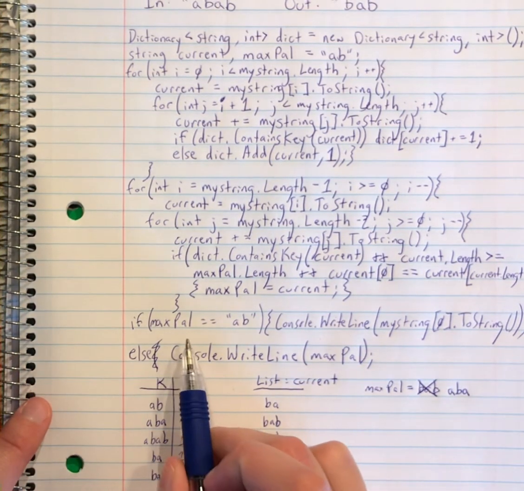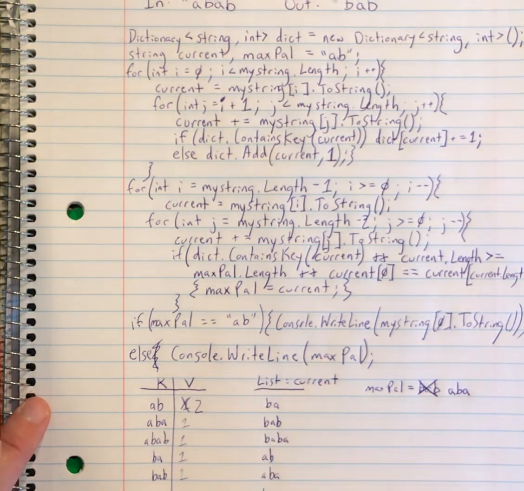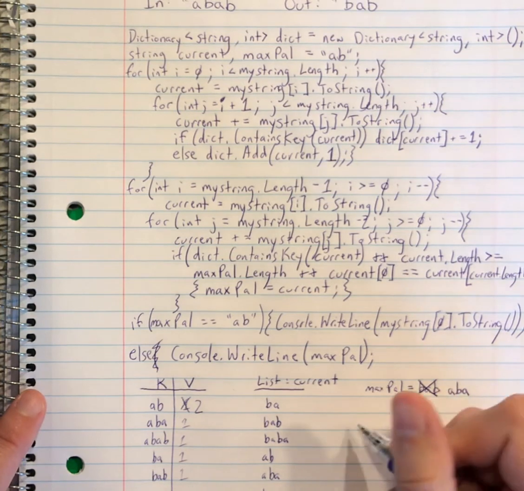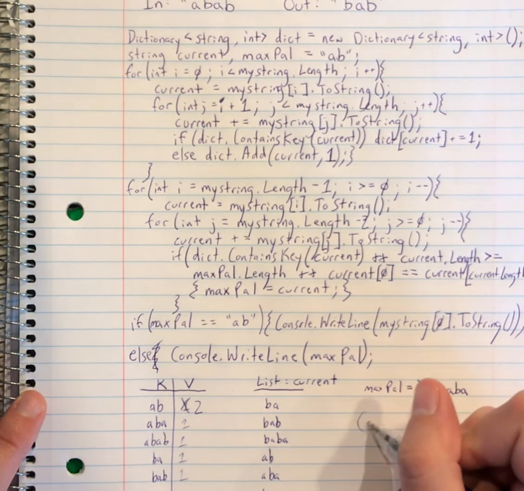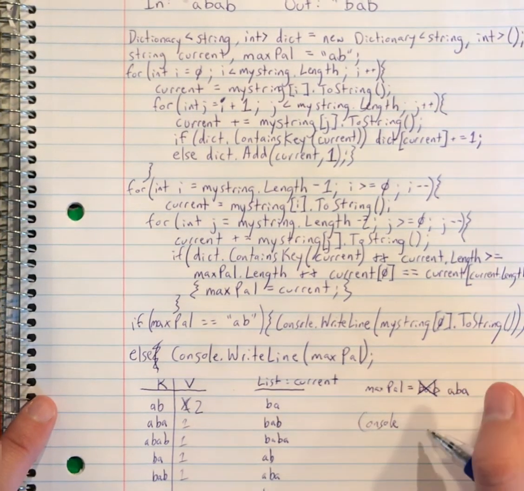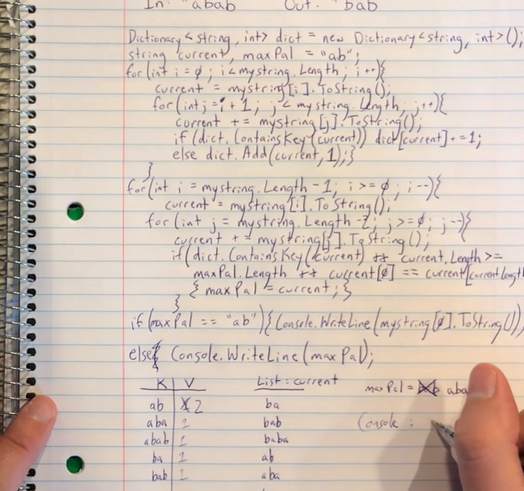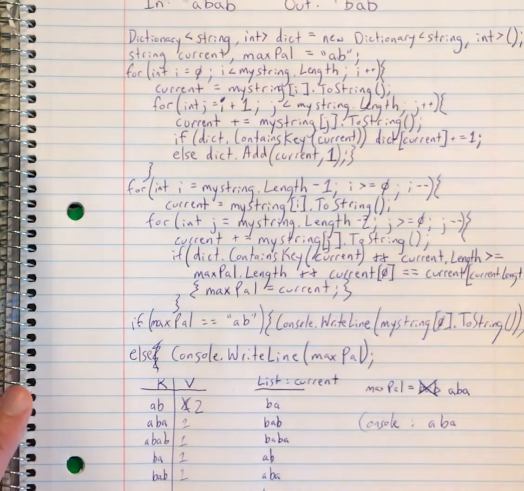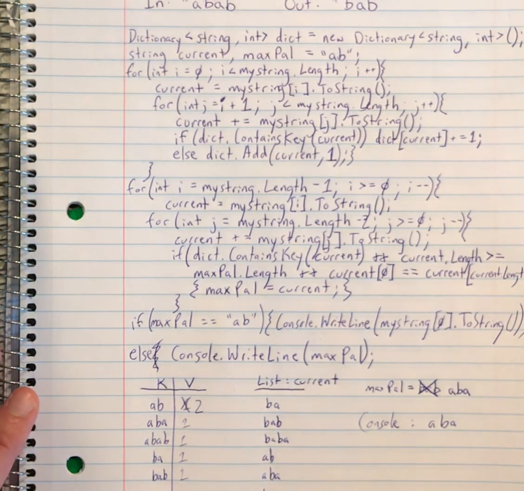Anyway, we get down to here. If maxPal equals AB, no it doesn't, else console.WriteLine maxPal. So the console shows ABA. And there we have it.